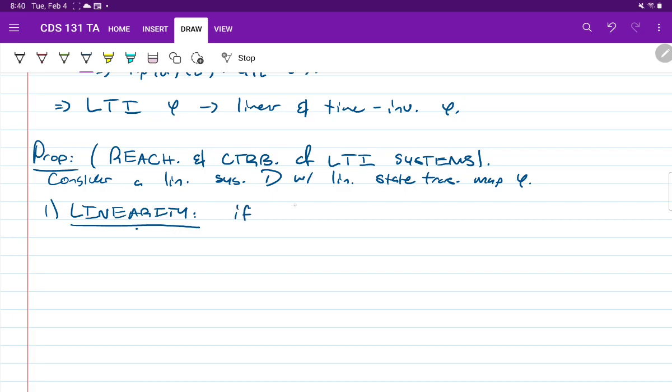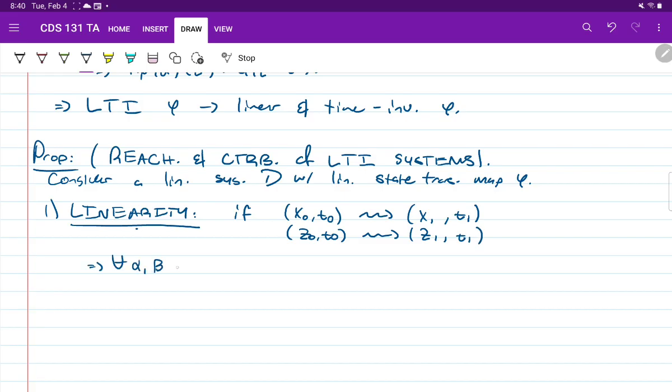So what we have is that if x naught, t naught is able to reach x1, t1, and if, let me call it z naught, t naught is able to reach z1, t1, then we have that for all scalars, alpha, beta, belonging to our field K, alpha x naught plus beta z naught at time t naught is able to reach alpha x1 plus beta z1 at time t1.